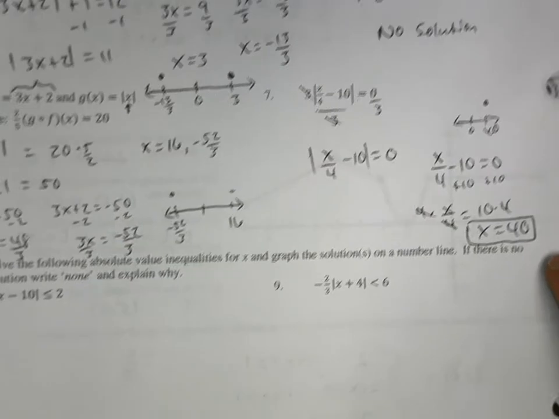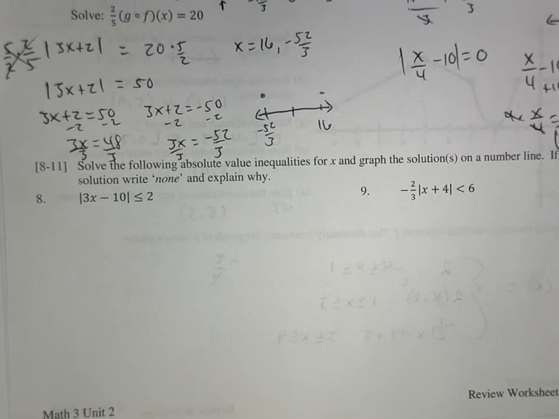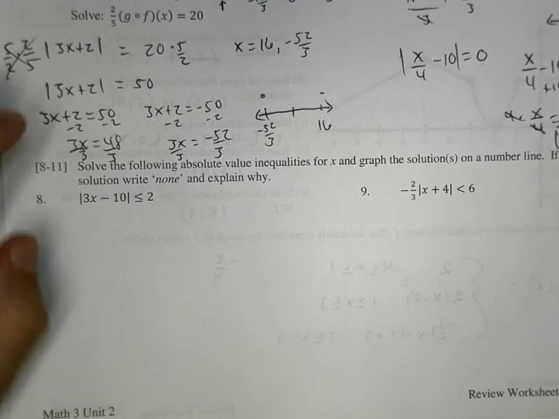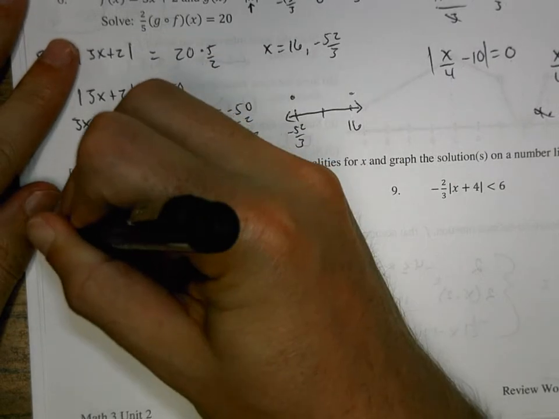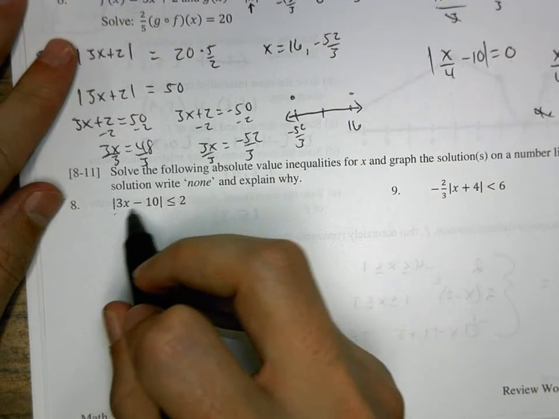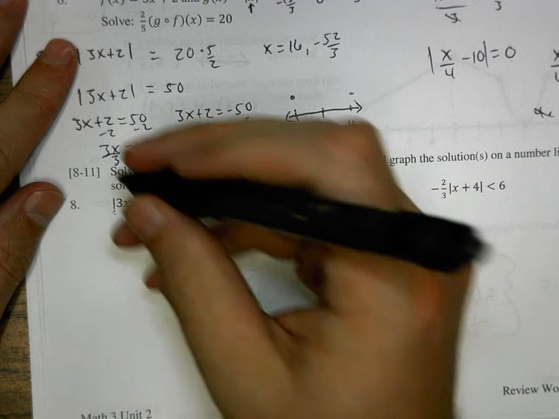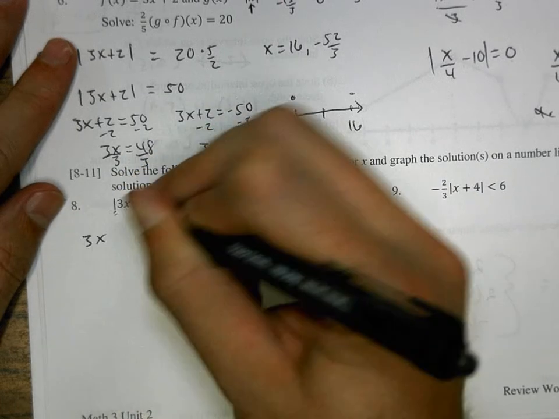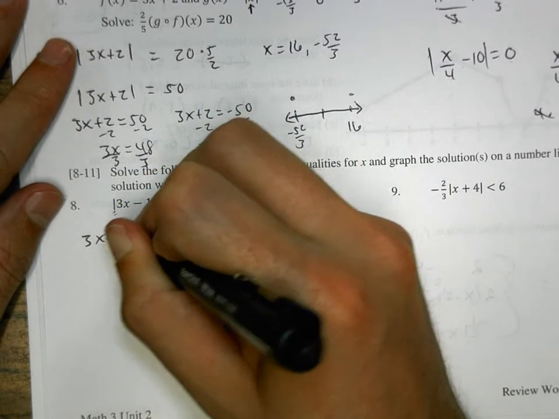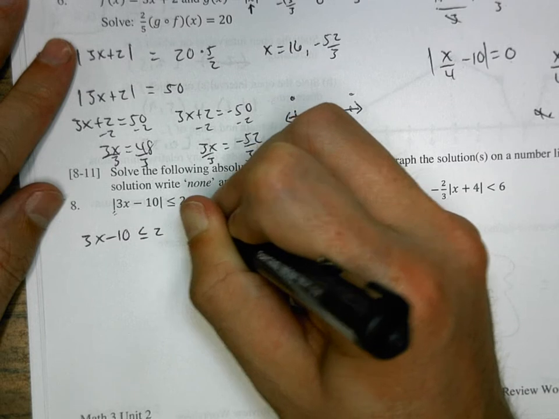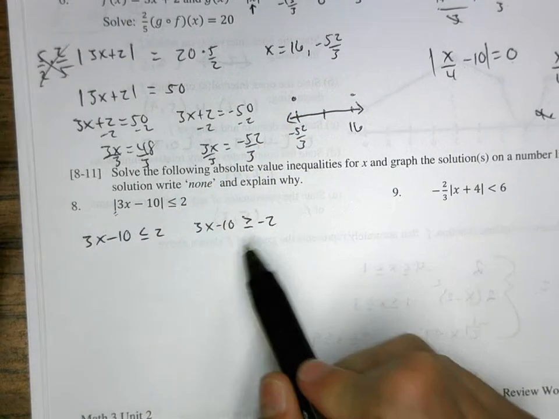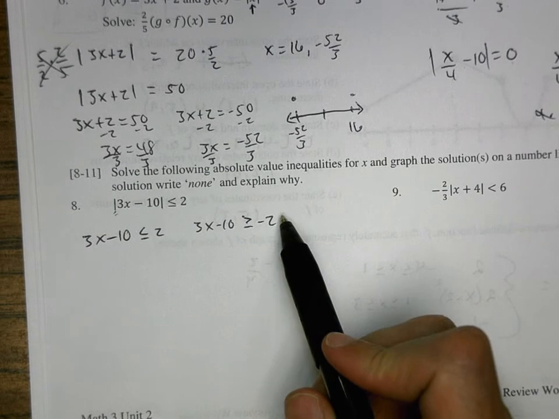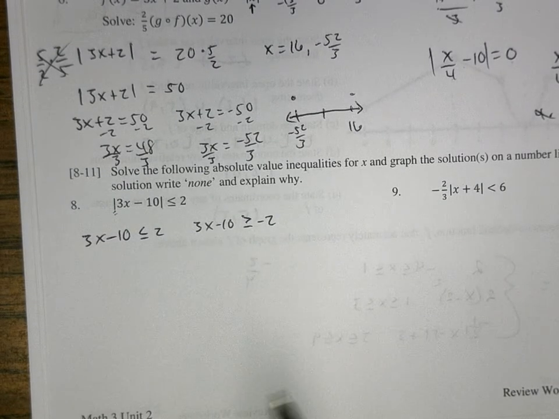Okay. For number 8, solve the absolute value inequality. So here we go. Again, you split them up into two problems after absolute values are all by themselves. Absolute values are by themselves, so we're good to go. 3x minus 10 is less than or equal to 2, and 3x minus 10 is greater than or equal to negative 2. When you make the number negative, you have to switch the inequality signs.